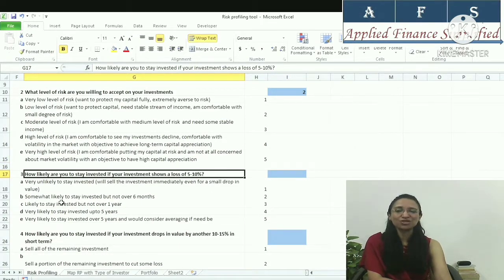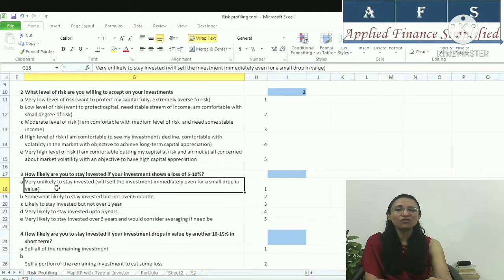So the next question is, how likely are you to stay invested if your investment shows a loss of 5 to 10%? Now this is a very tricky thing. So if you are a risk-averse investor and if at the very first sight of loss you are going to sell your investments, then you need to select the first answer. That is, you are very unlikely to stay invested.